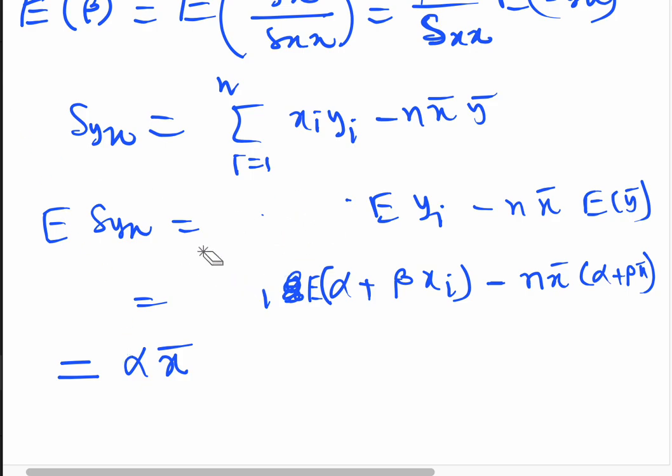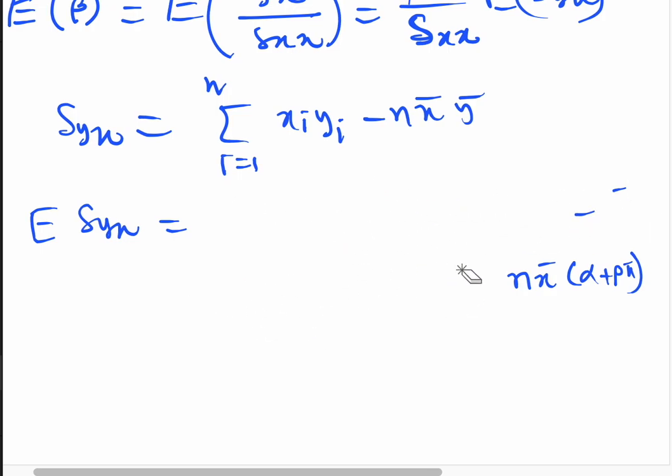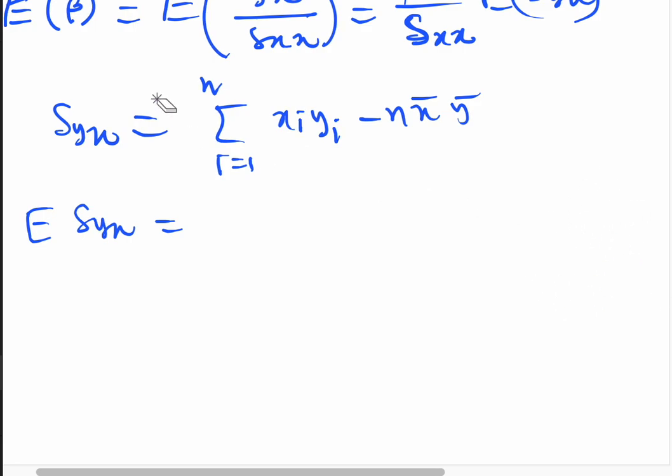Okay, let me write it properly. So the expectation of xi yi minus n times the expectation of x bar y bar.